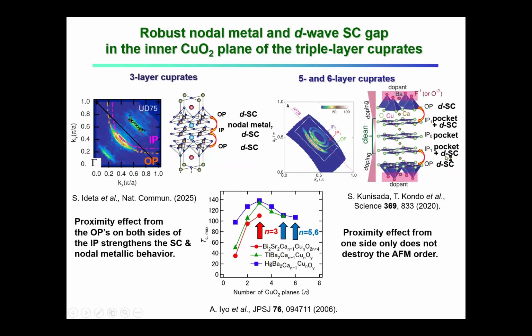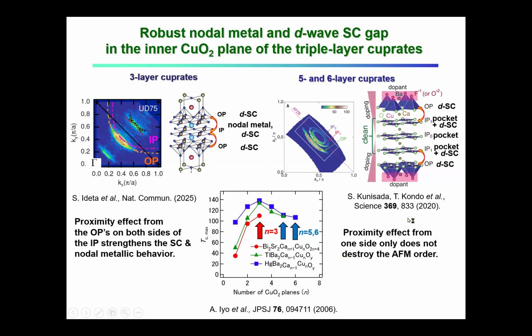So the proximity effect is weak, and this inner plane, IP1, is still antiferromagnetically ordered, and the electron small hole pocket persists.